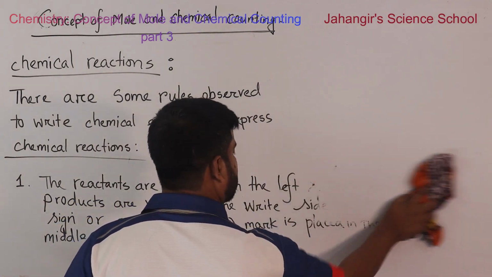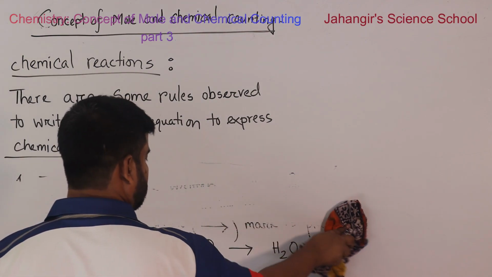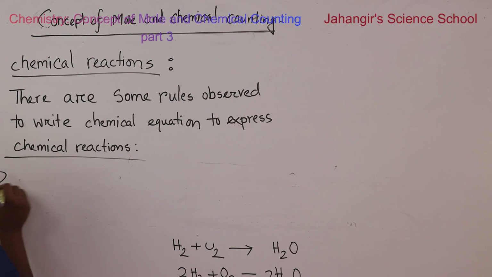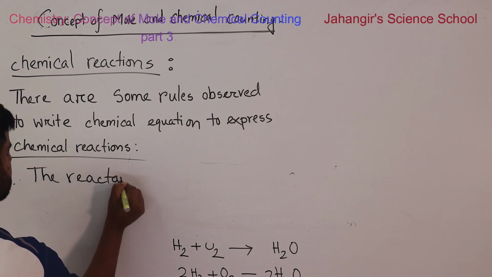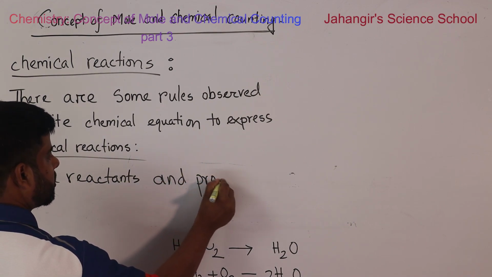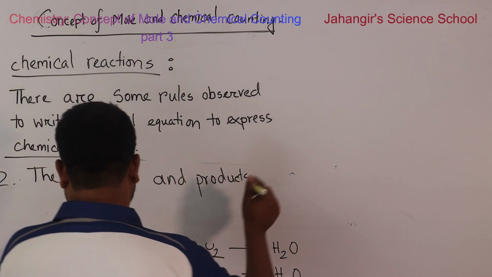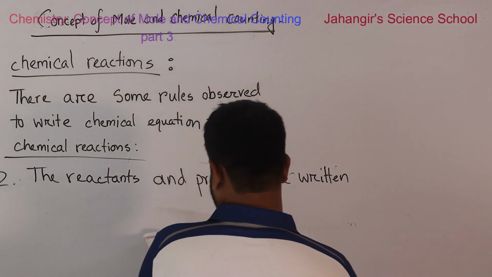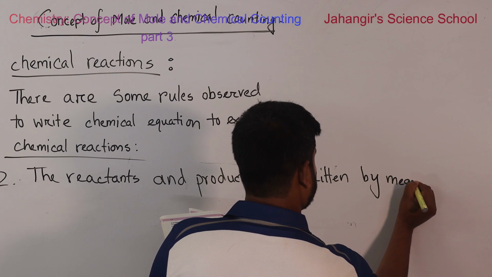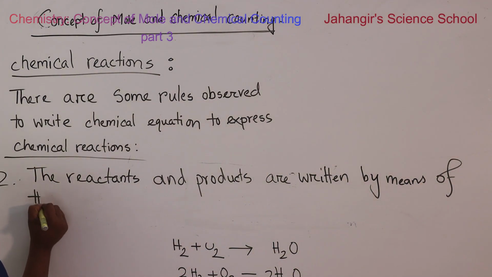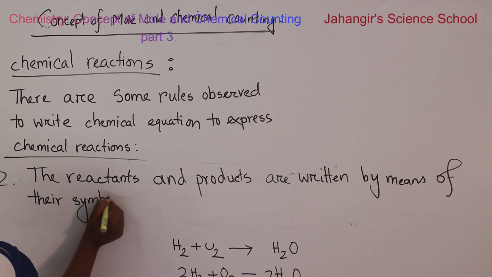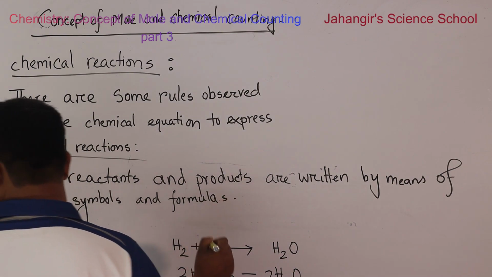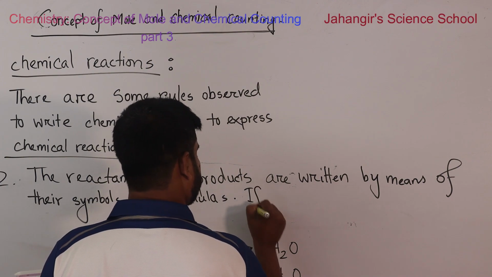Rule number two. The reactants and products are written by means of their symbols and formulas.